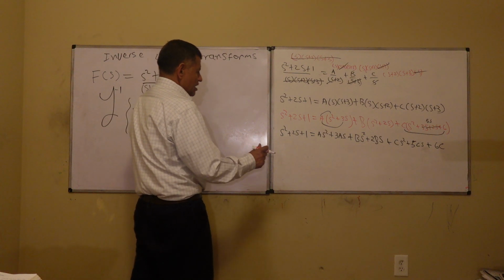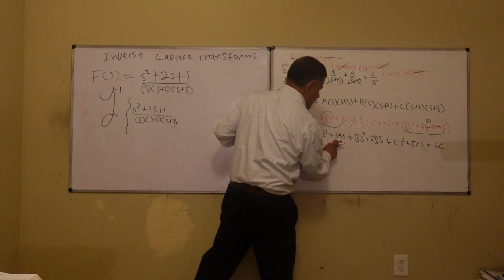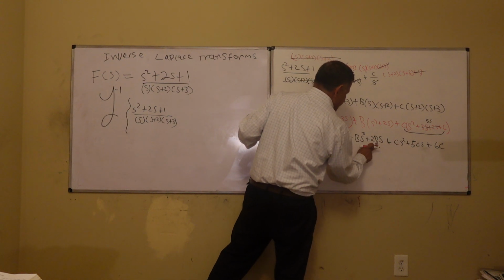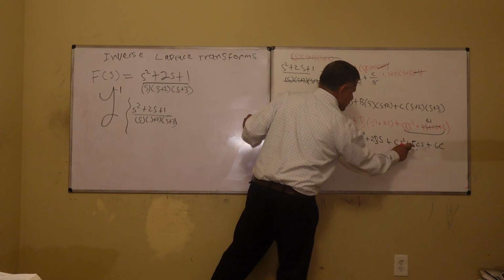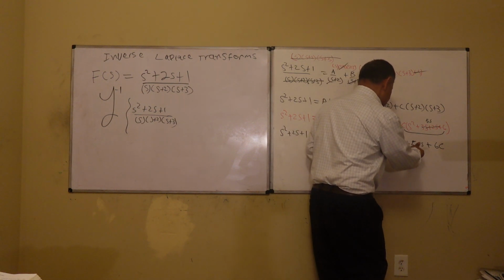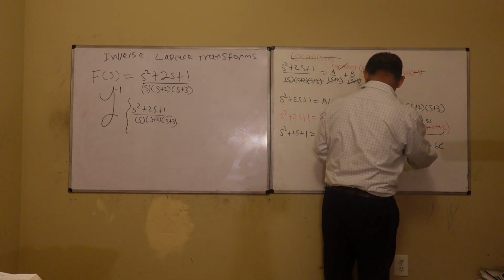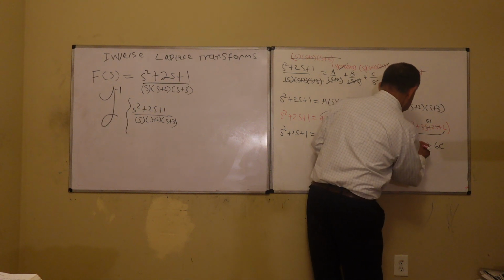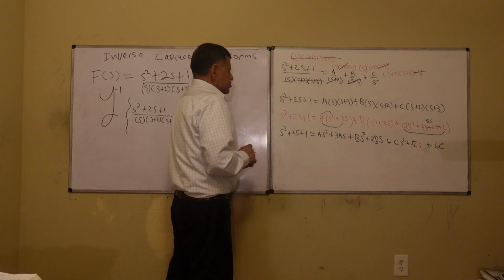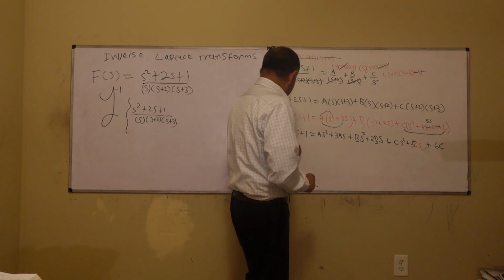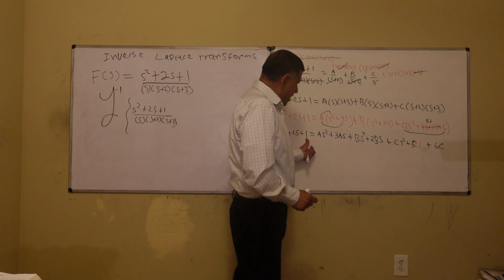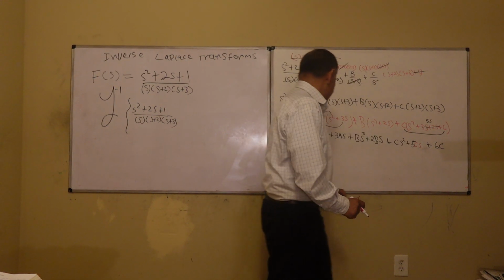And then I have an S, I have an SA, BS, and CS. Okay, so now all those guys are equal to that, and the one is equal to this constant right here, okay?